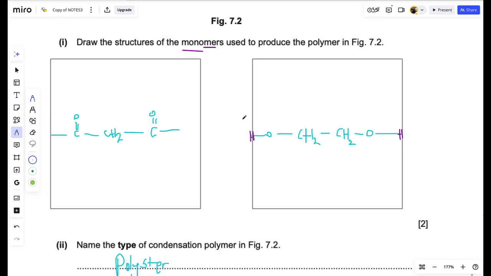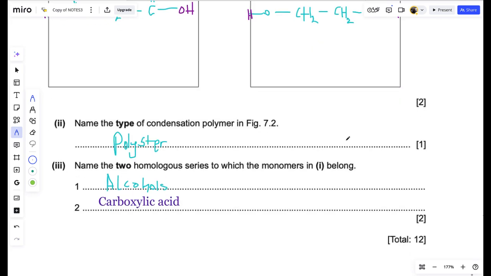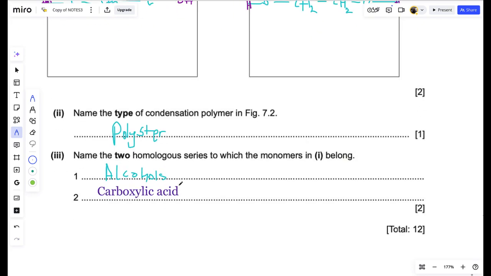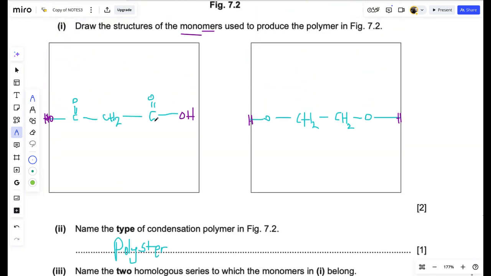Okay, double bond to O, single bond to OH. Okay, I think this is more appropriate. So one of them is alcohol and the other one is carboxylic acid. So you get 2 marks. Which one is the alcohol? This one has the OH. This is the alcohol functional group.